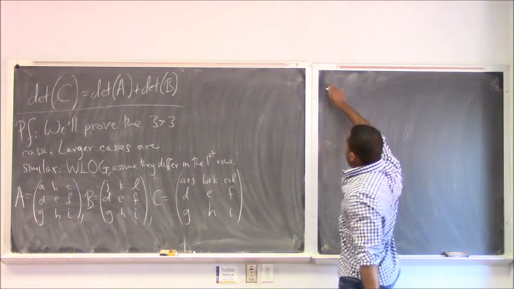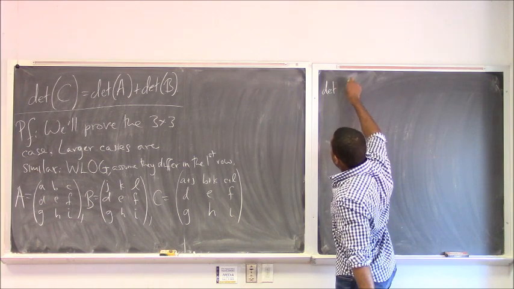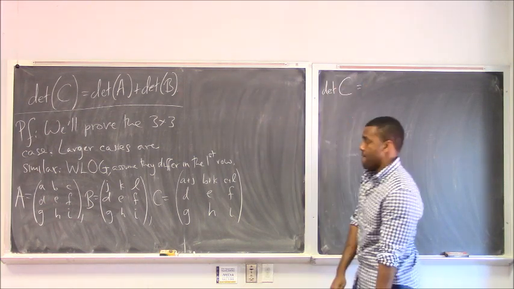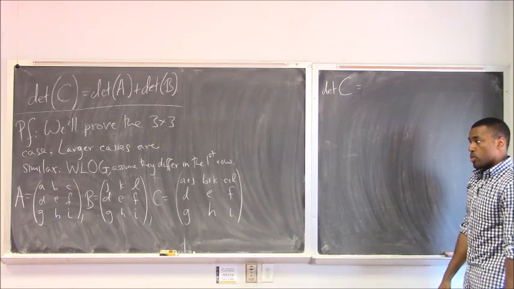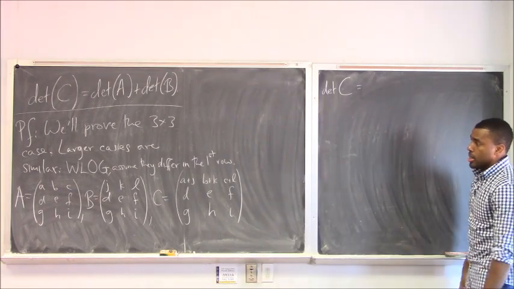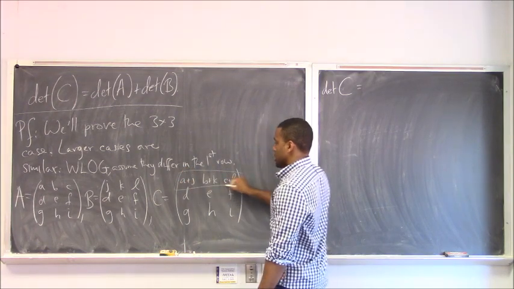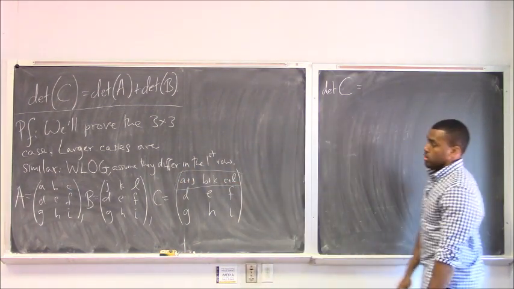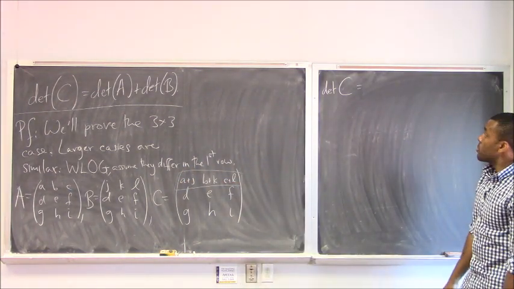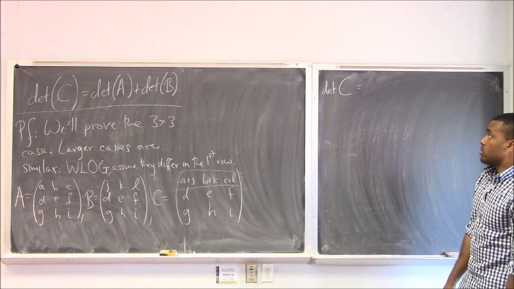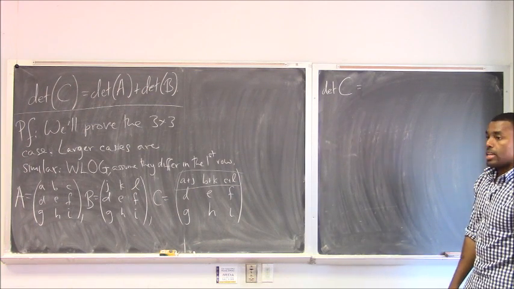Okay. Now, let's look at the determinant of C in this case. What's going to happen? Here's how we're going to do it. We are going to expand along that row that's different. Right? So what would that look like?